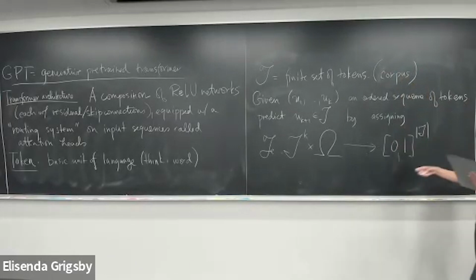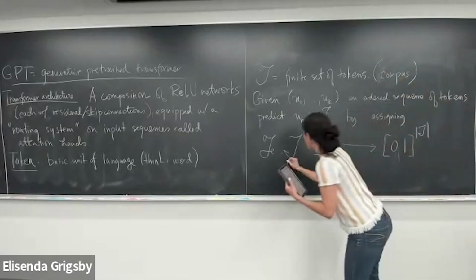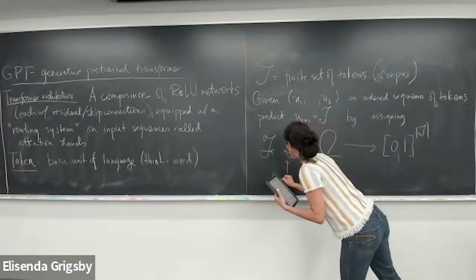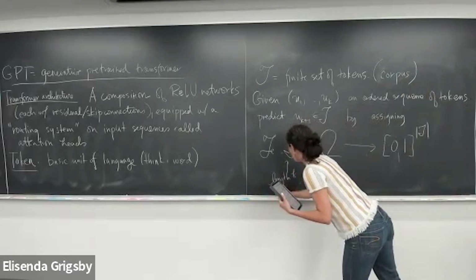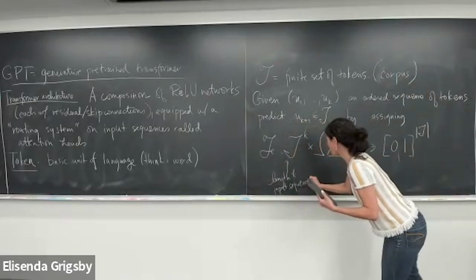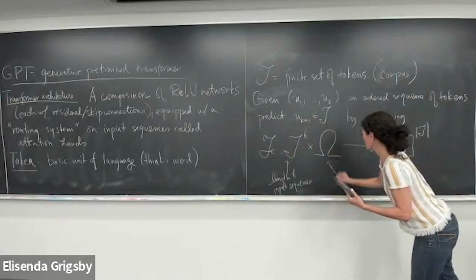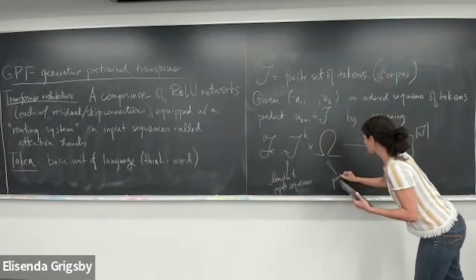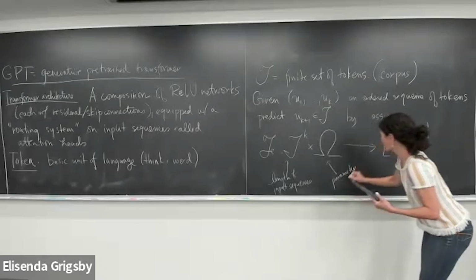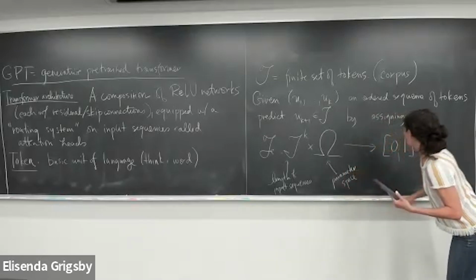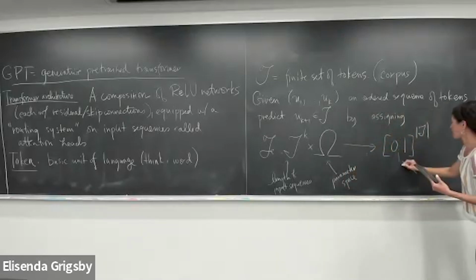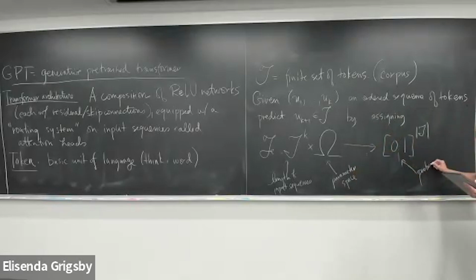And this is a probability vector, so it sums to 1. The output will be the token that has the highest probability.